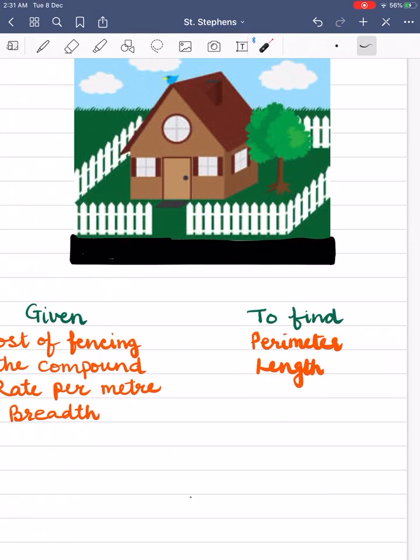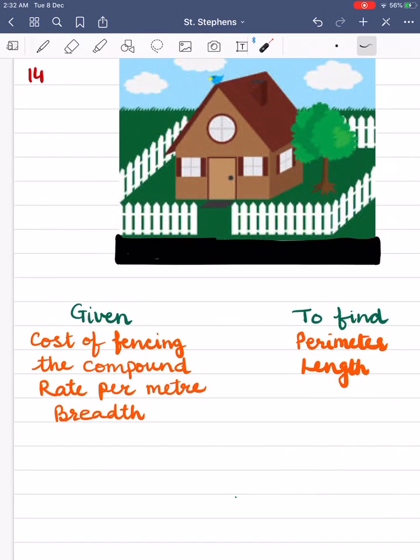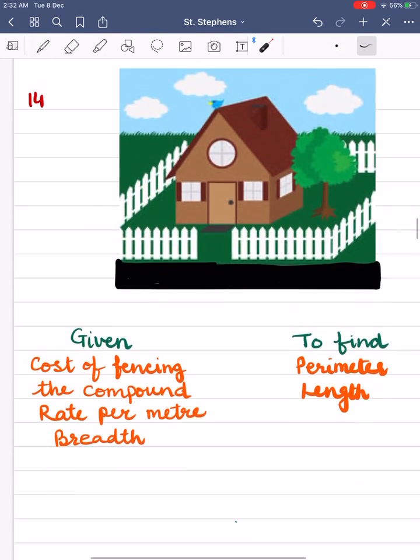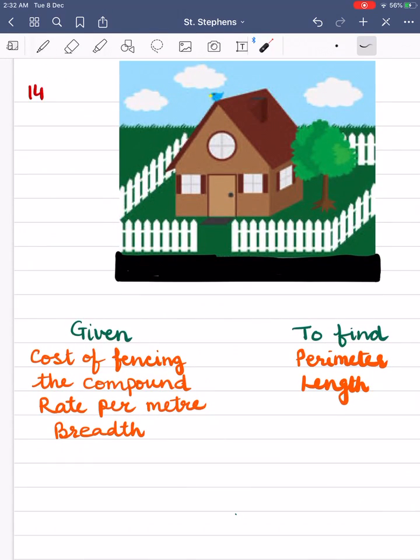Now let's do question number 14. Fencing the compound of a house cost rupees 4930. If the rate is rupees 85 per meter, find the perimeter of the compound. If the breadth is 10 meter, then find its length also.